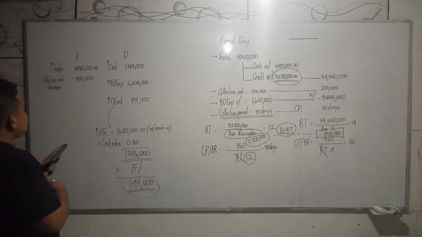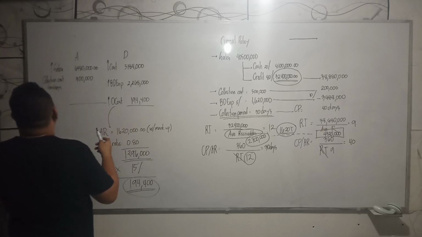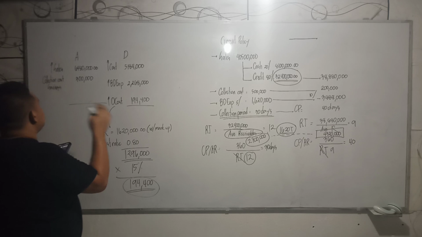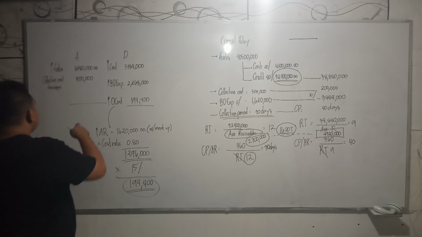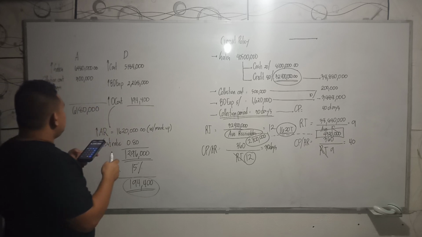Now, let's compute the total advantage and the total disadvantage. So we have 6,480 minus 300,000, you have 6,180 as the total or gross advantage.